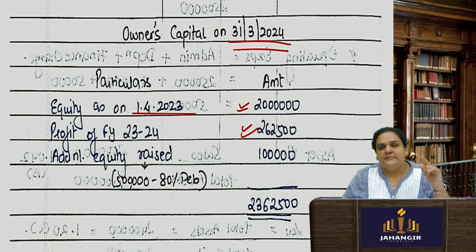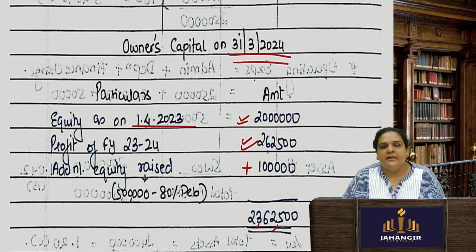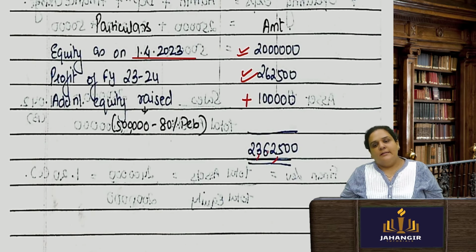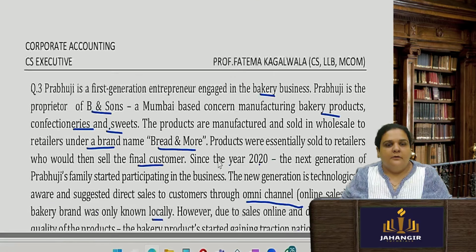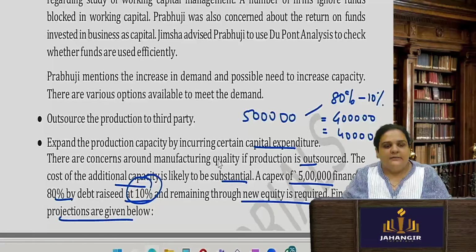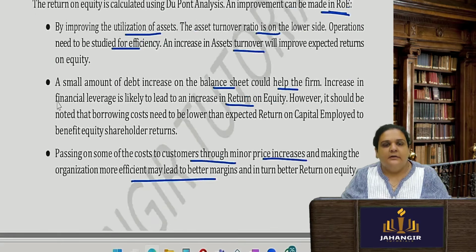From that 5 lakhs, 80% was debt, that means the balance was equity, no? So this also I will add. So total owner's equity or owner's capital is going to be 23,62,500. Okay everybody, so we have done this question now. Owner's equity, profit, all this is done. I have given you all in the answers.